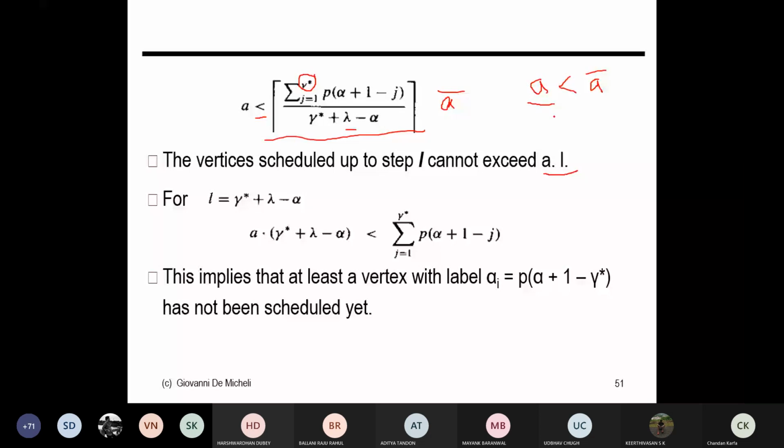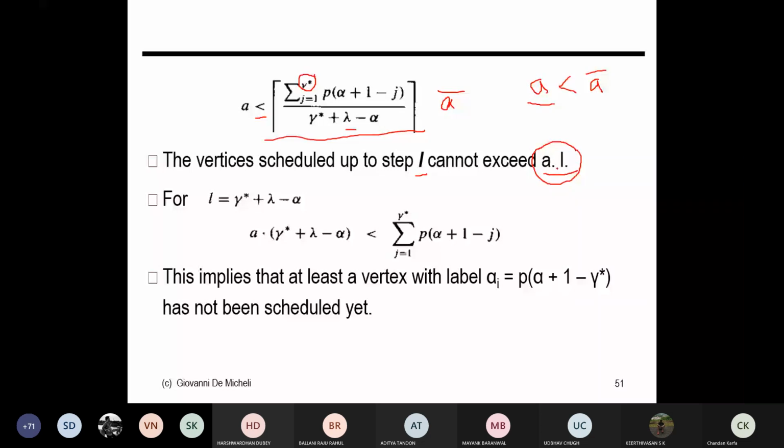You may not be able to execute all a because your precedence or dependency constraints may not allow you to, but that is the maximum number, and you are now at L time steps. So the maximum number of operations schedulable till time step L is nothing but a into L.